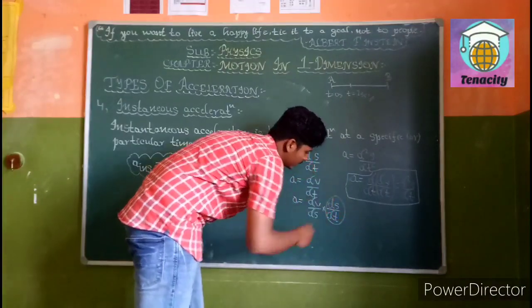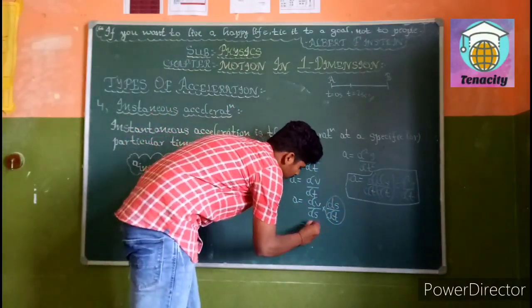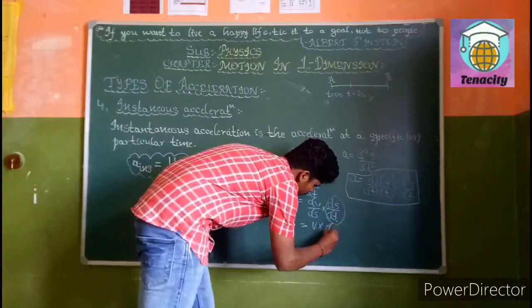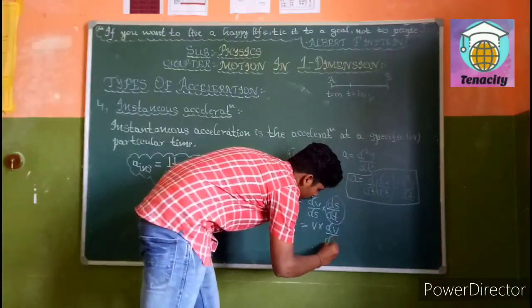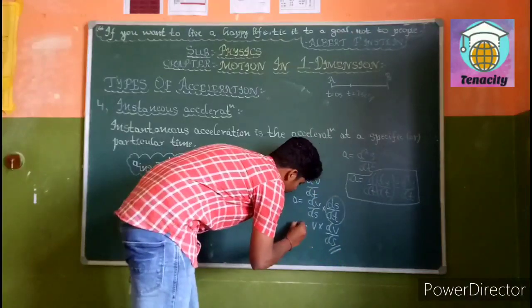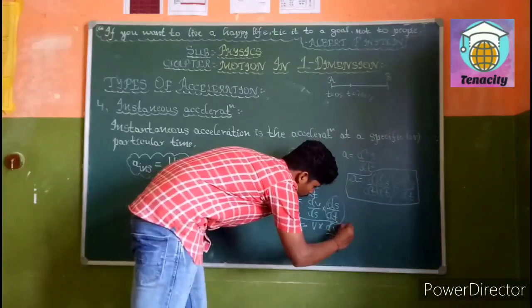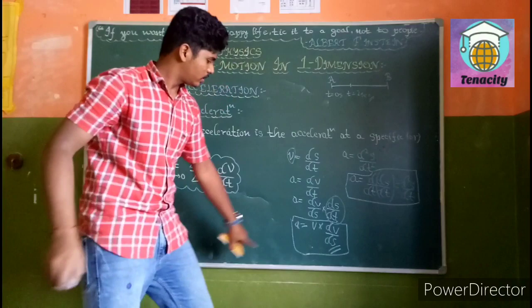What is ds by dt? That is velocity. So a is equal to velocity into dv by ds. This is one more very important formula.